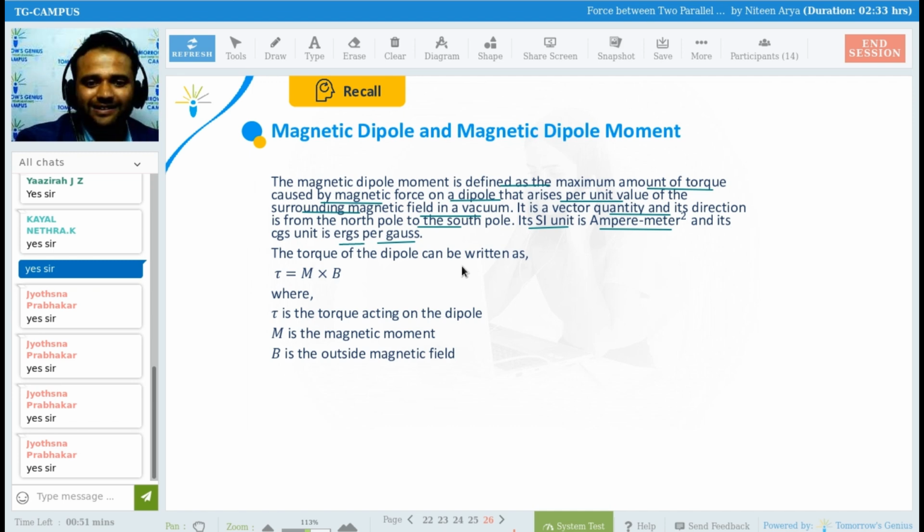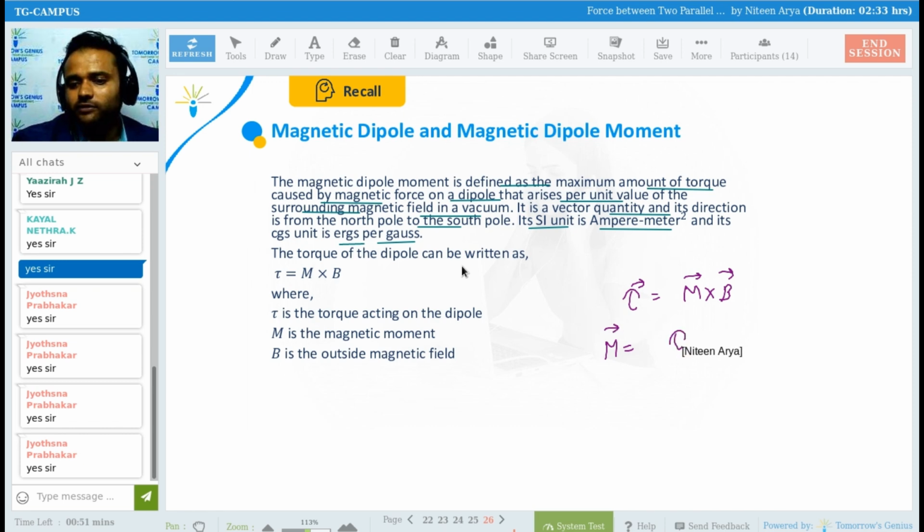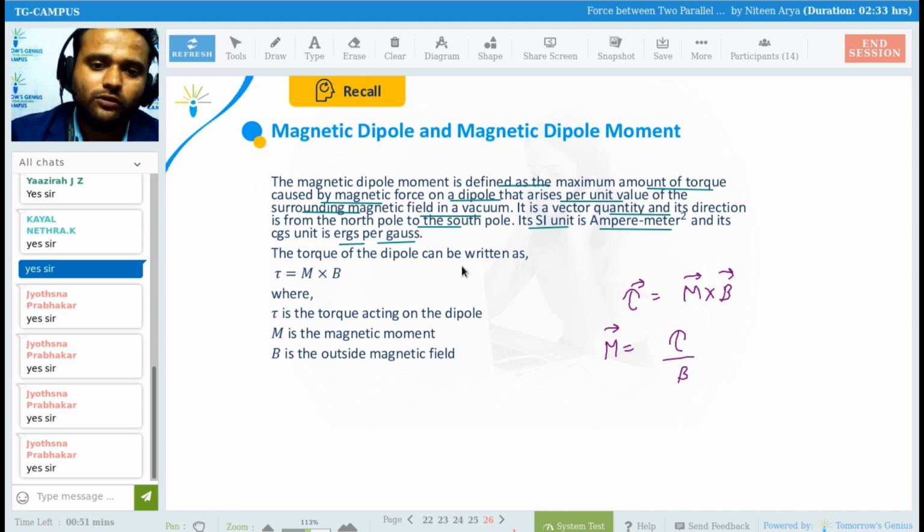Here again, torque tau equals m cross b, where m is the magnetic moment. So the magnetic moment is defined as the maximum amount of torque caused by the magnetic force on a dipole.